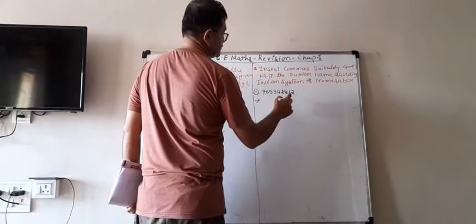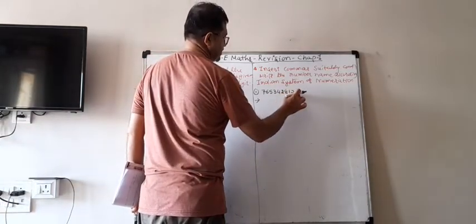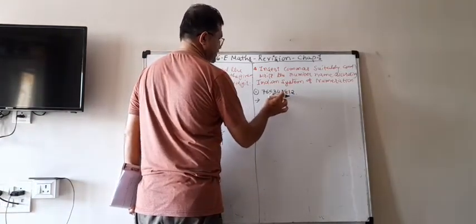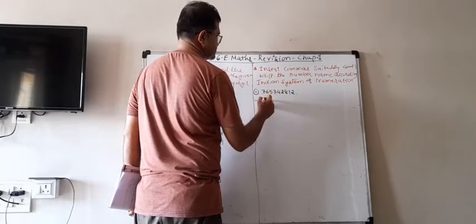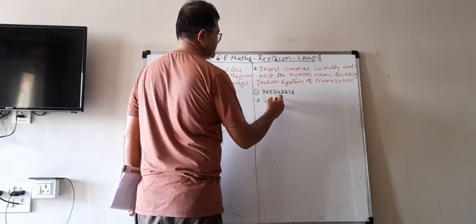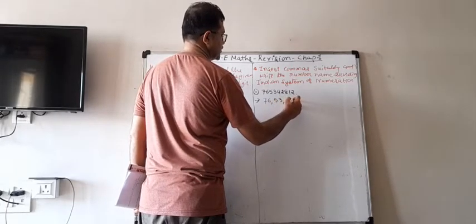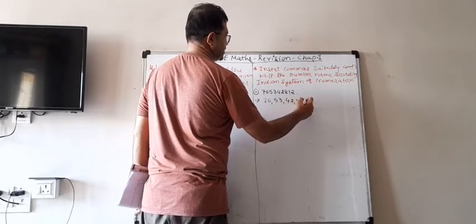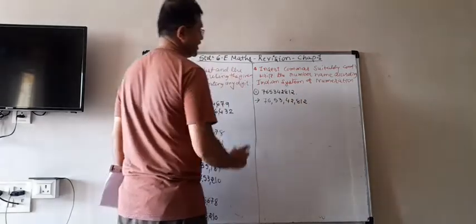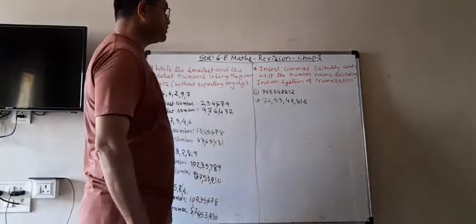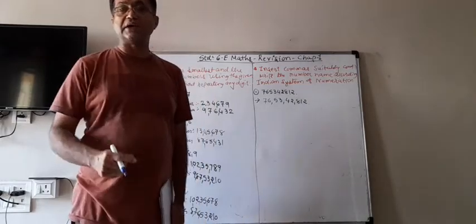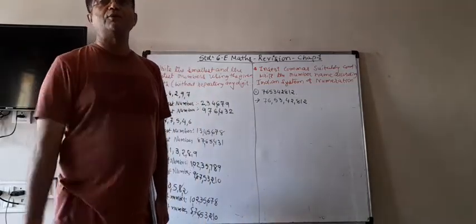So here we see 812, then 42, then 53 and then 76. So the commas will be like 76, comma 53, comma 42, comma 812. That is the system in which we put commas in the Indian system of numeration.